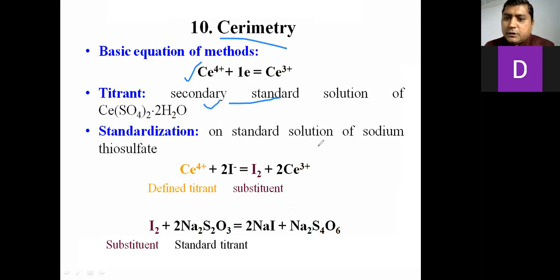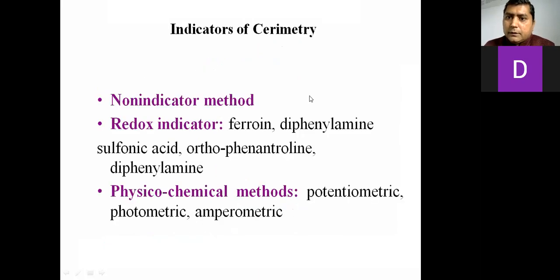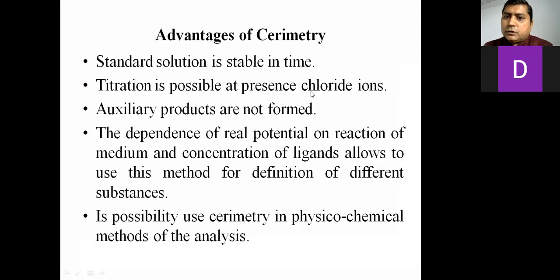Cerium converts iodide into iodine, and sodium thiosulfate can be used to determine the iodine in cerimetry titrations. The indicators we can use here are redox indicators, like sulfonic acid, orthophenanthroline, phenylamines and ferroin, which we have discussed.